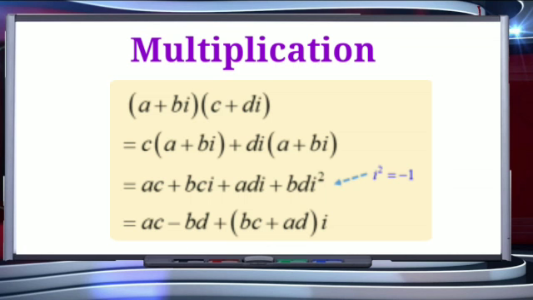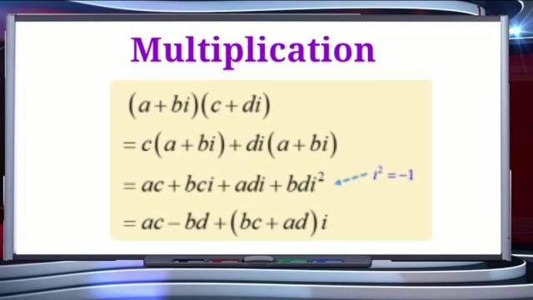Next is the multiplication of two complex numbers. Suppose our complex numbers are a plus b iota in multiplication with c plus d iota. So here we will apply the distributive law, that is c will be multiplied by both, then d iota will be multiplied by both. So c into a plus b iota plus d iota into a plus b iota.